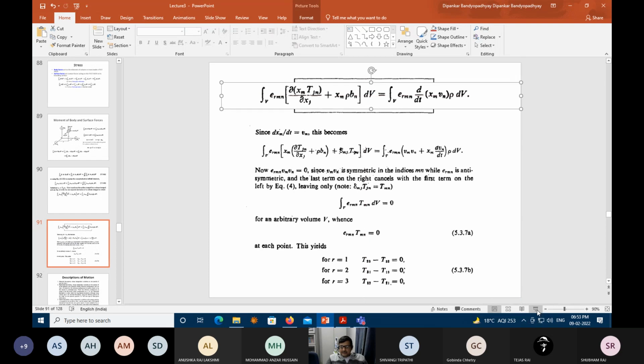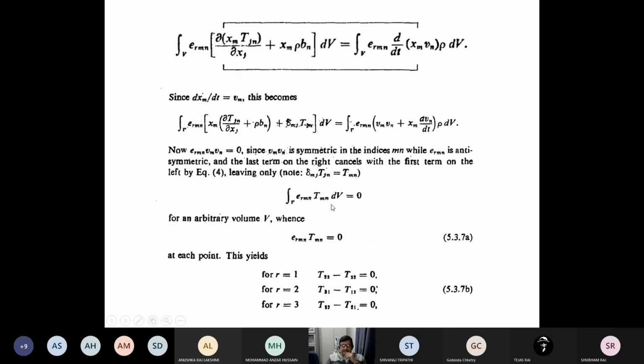So let me just put this part. I think it's visible to you, right? Yes. So on the left-hand side, epsilon Rmn xm. I take xm out. Del Tjn by del xj. Okay. This other part, xm will go here. I will explain to you. But first, this xm is out. This part is here, and then xm rho Bn is there.